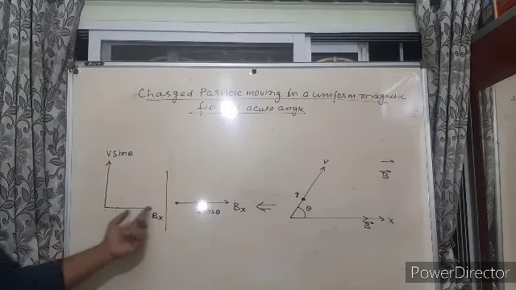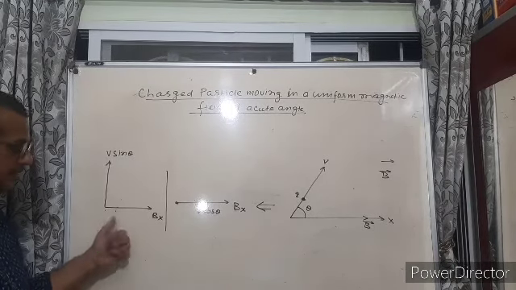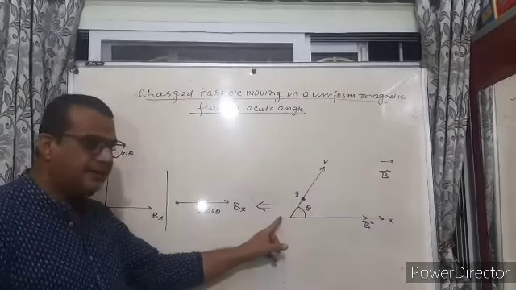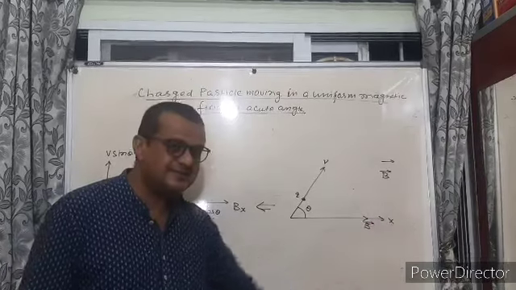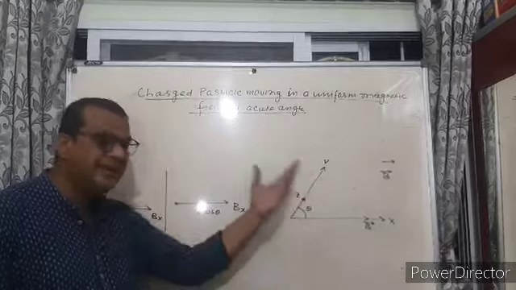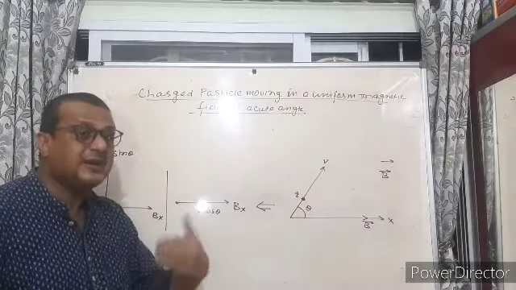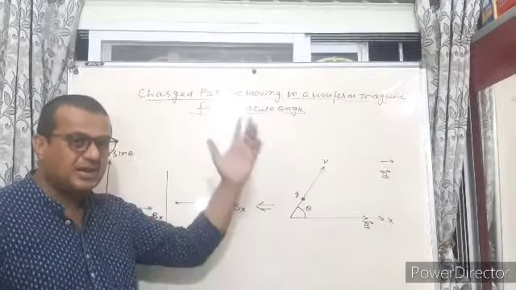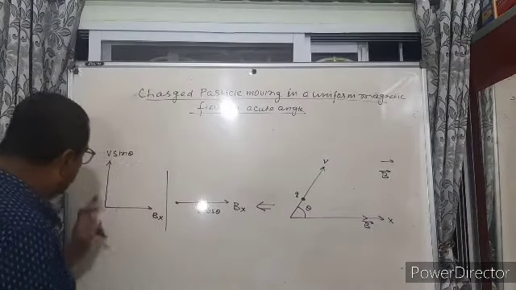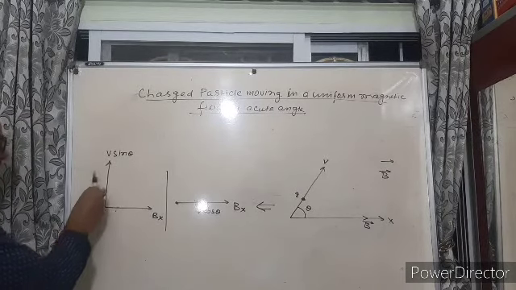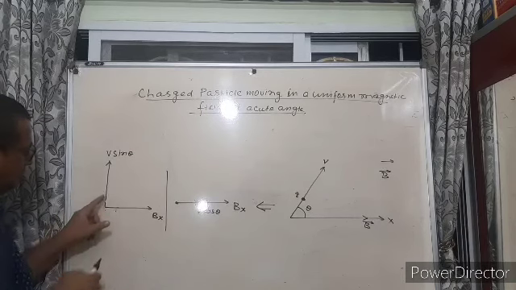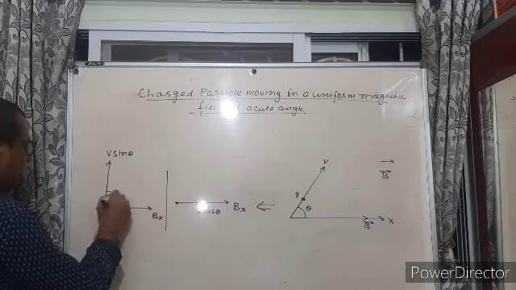There are two components of velocity. This component of velocity makes the charged particle move along the x-axis, because this component is along the x-axis, so it will try to move the charged particle along the x-axis. But this component is perpendicular, making 90 degrees.